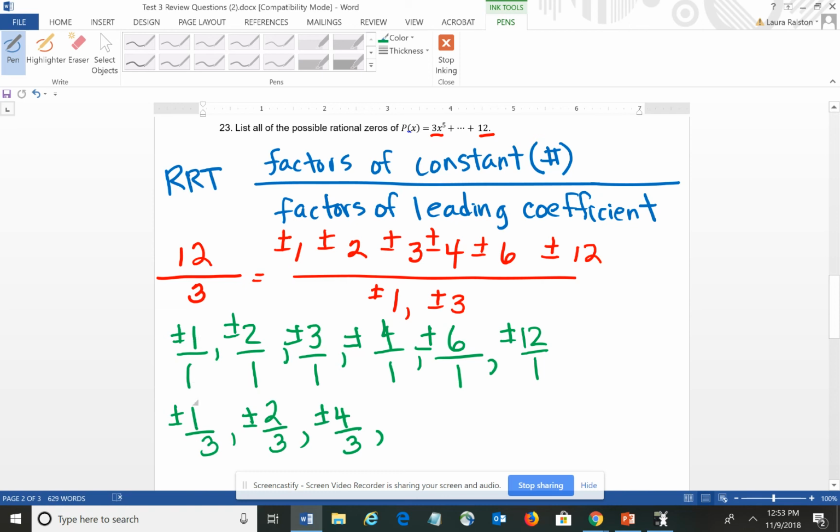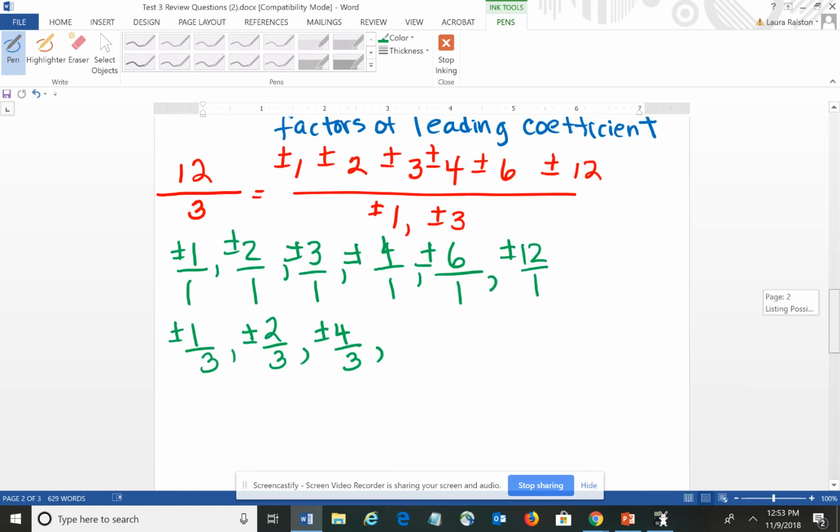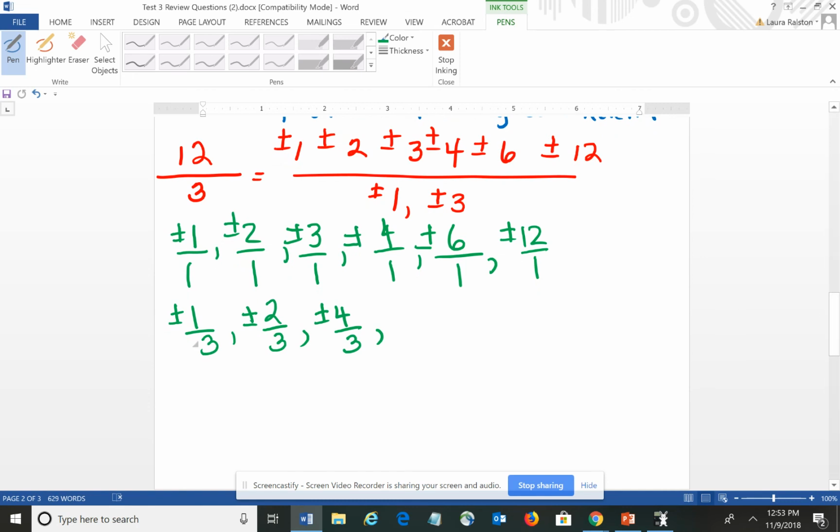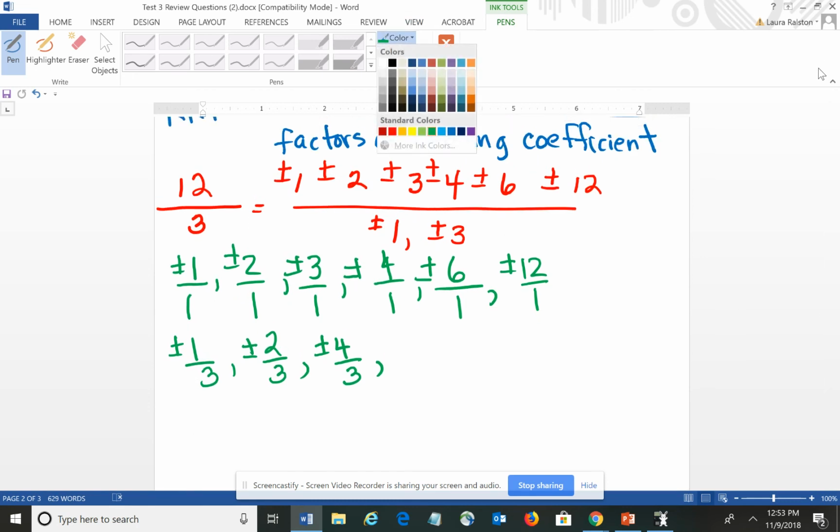So ultimately, I've narrowed it down from a bazillion, jillion possibilities to these 18 possibilities, because you have 9 options and you have to consider both the positive and the negative.